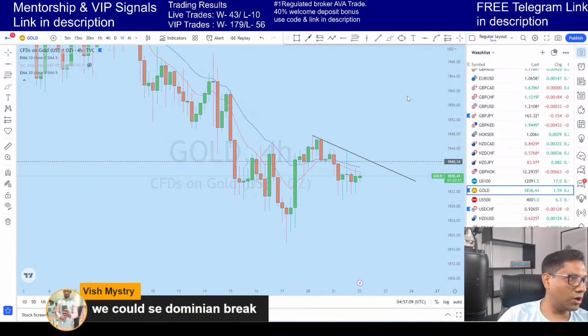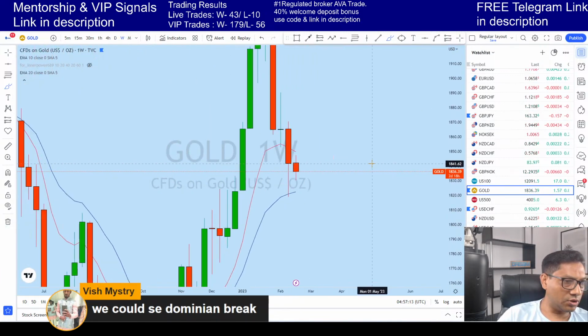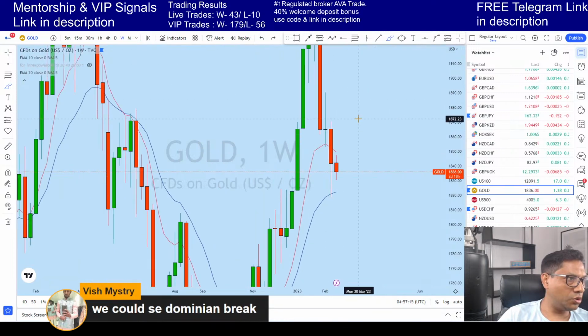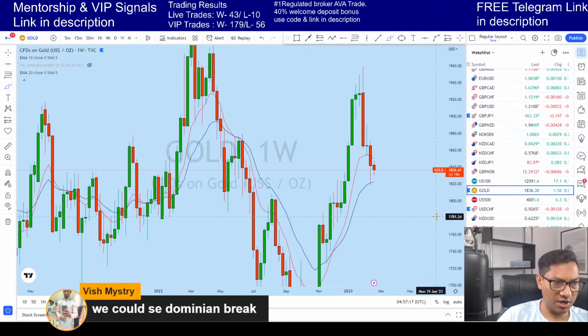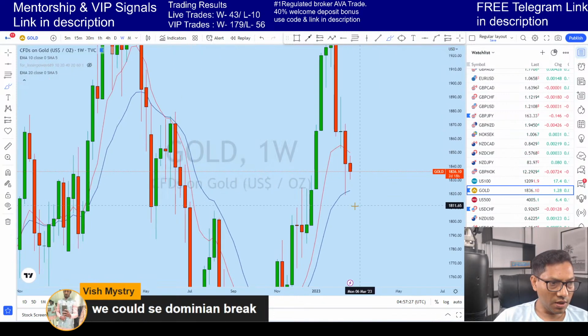If we look at the weekly on gold, let's look at the weekly perspective to see the bigger picture. You can see that on the weekly, gold has previously tested the weekly 20 EMA here, and then had a bounce from this gap level.